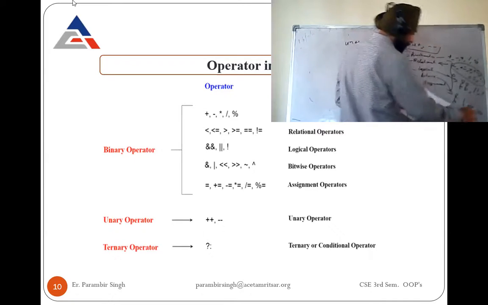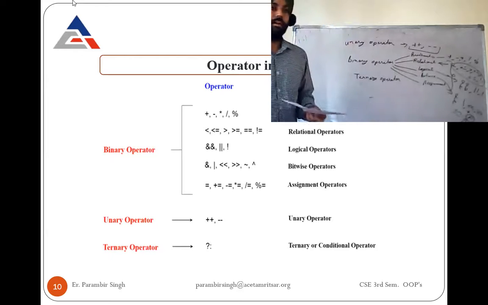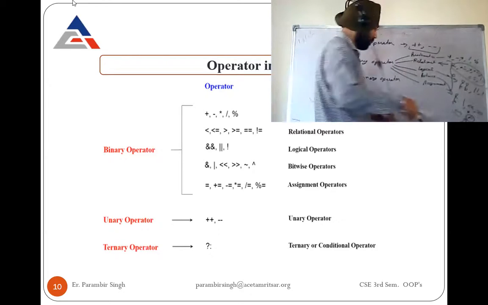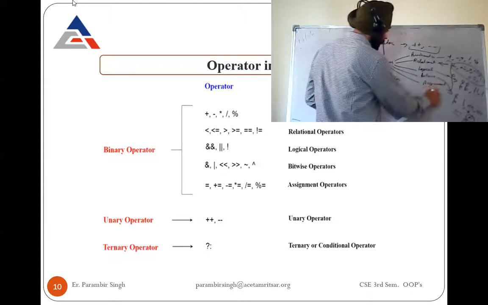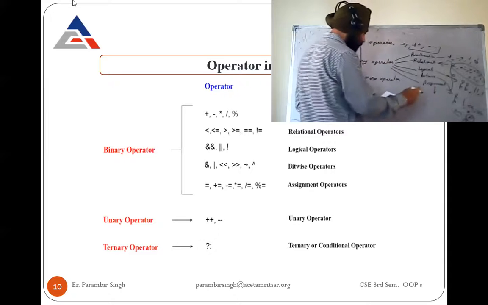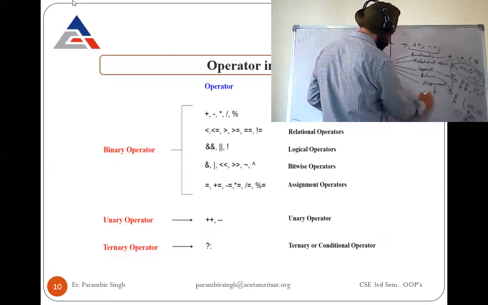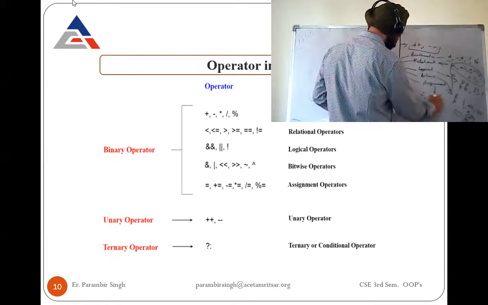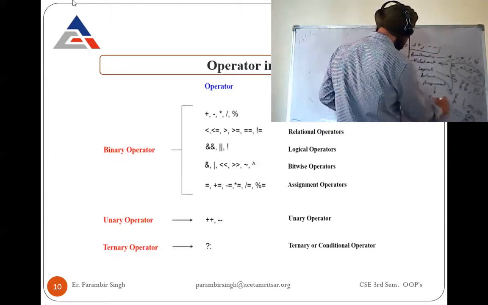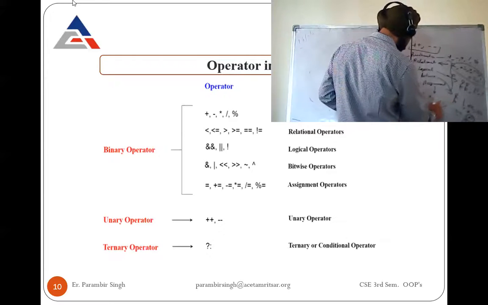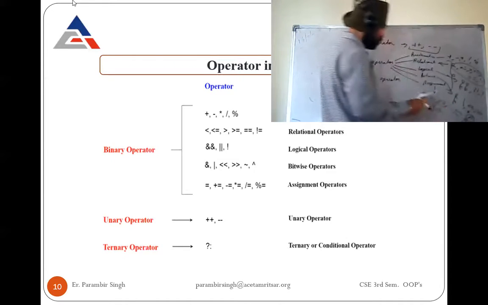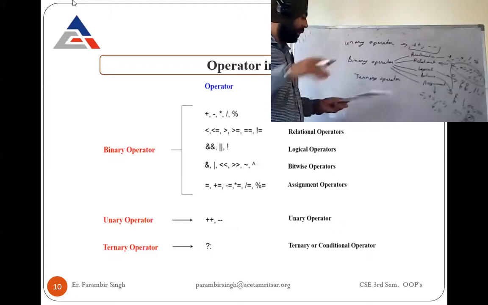We will use this operator in our next program. Next, we have the assignment operator: equal to, plus equal to, minus equal to, multiplication equal to. So these all are the operators under binary operators.